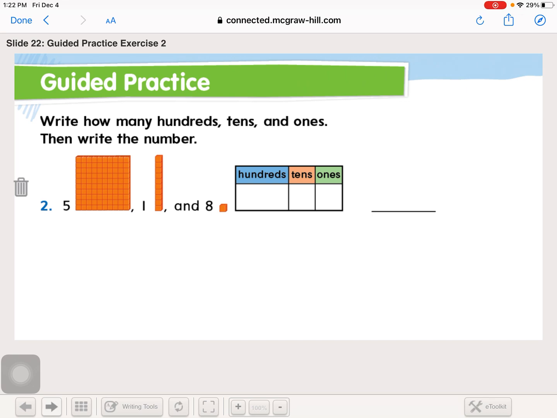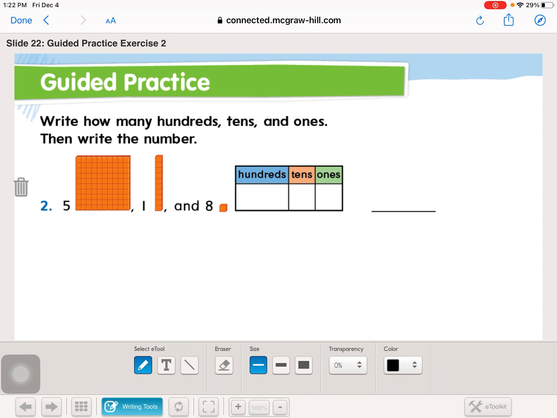All right, I want you to pause and try this one on your own. Push play when you're ready to check your answer. So it says we have 5 hundreds, 1 ten, and 8 ones, which would equal 518. How'd you do? Hopefully you did okay.